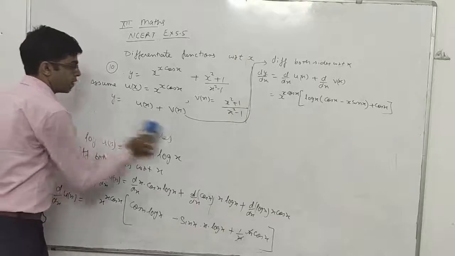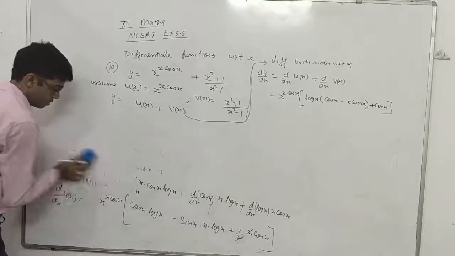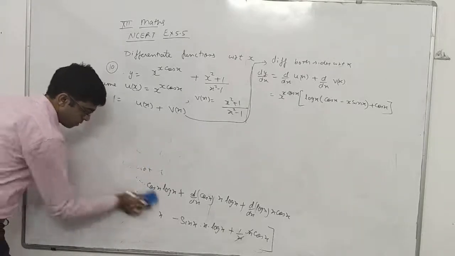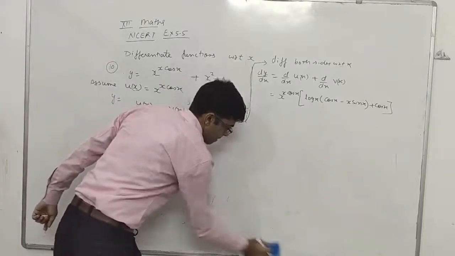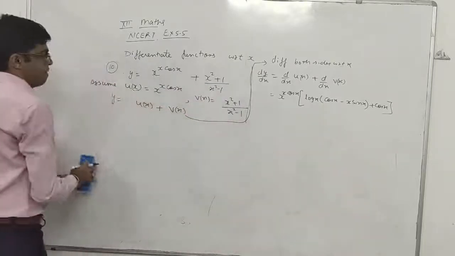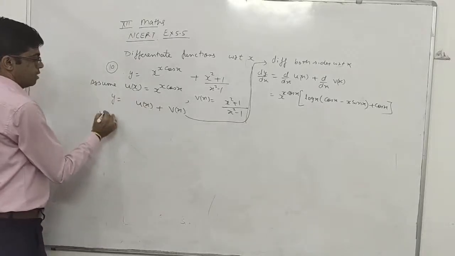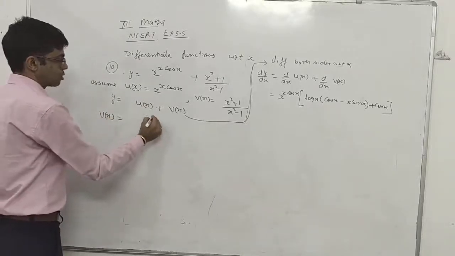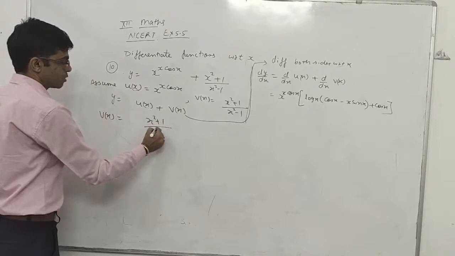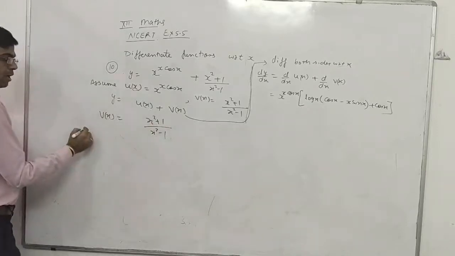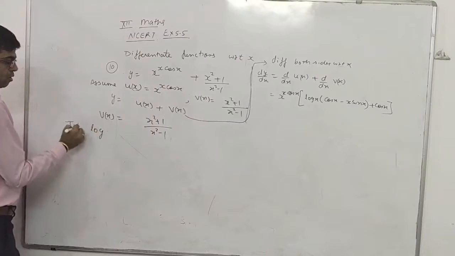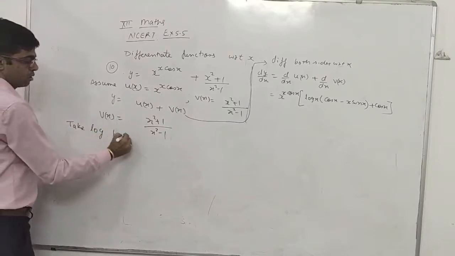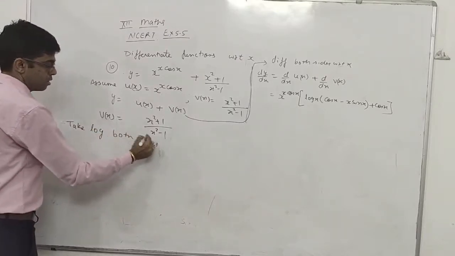Now we will take the v(x) function and differentiate this. v(x) is equal to (x square plus 1) upon (x square minus 1). Same, take log both sides.